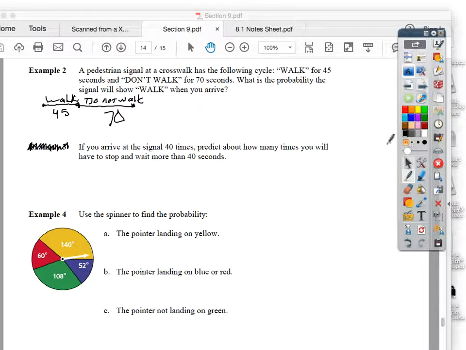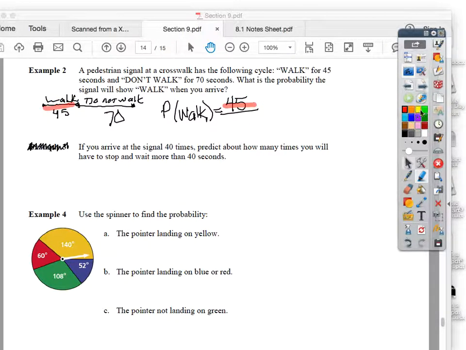What they want to know is, what's the probability that the signal will show walk? So the probability of it walking, well, that is easy. The numerator, the part, is going to be 45, right? The portion that you have there is going to be that 45, okay?